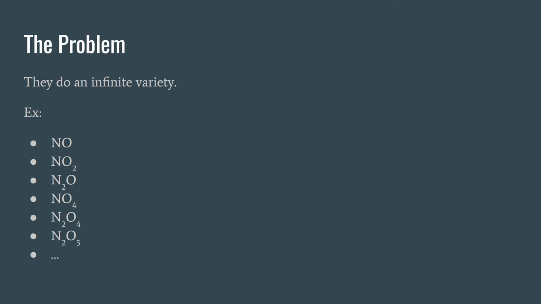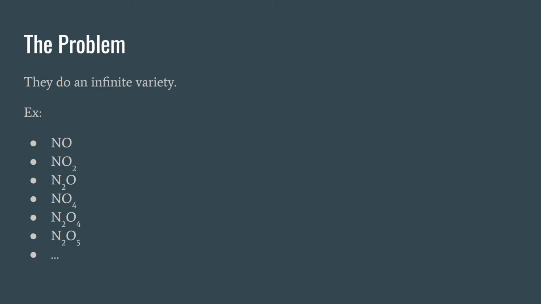You can't do that with covalent compounds because they can combine in any number. Nitrogen and oxygen are a really good example of this. NO, nitric oxide. NO2, nitrogen dioxide. N2O, dinitrogen monoxide. And on and on and on. So just knowing the elements isn't enough. You need to know how many there are. Okay? So that's what makes them more complicated.